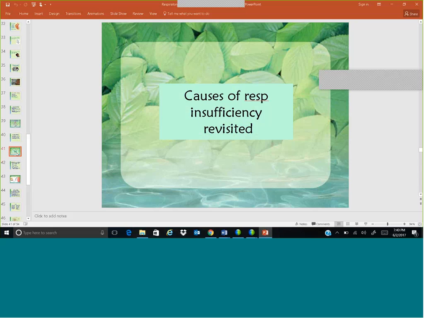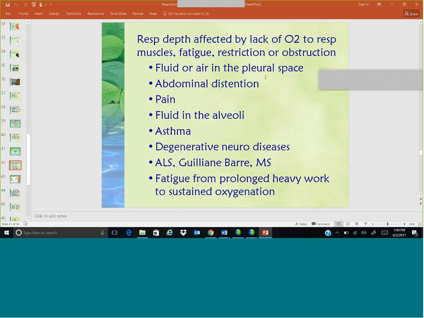Causes of respiratory insufficiency. We're going to revisit some of the things we've already done. So again, respiratory depth is affected by the lack of CO2 to respiratory muscles, fatigue, restriction, or obstruction. So fluid or air in the pleural space is certainly going to reduce the depth of your respiration.